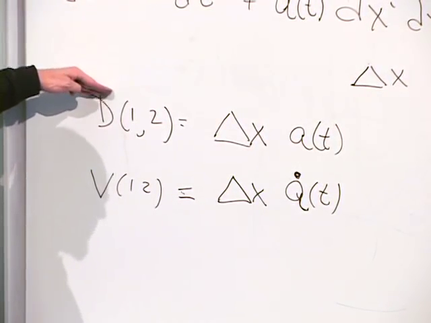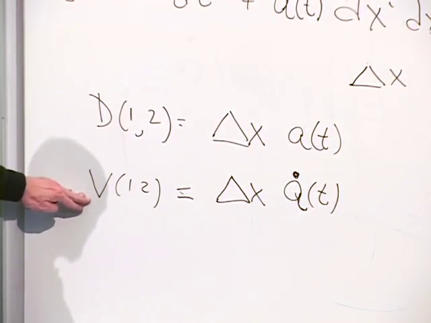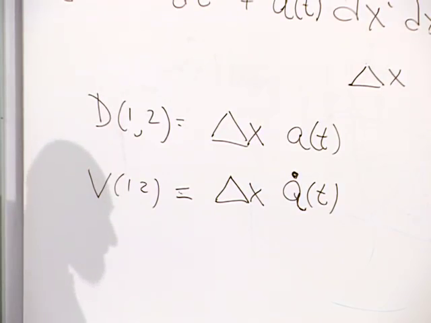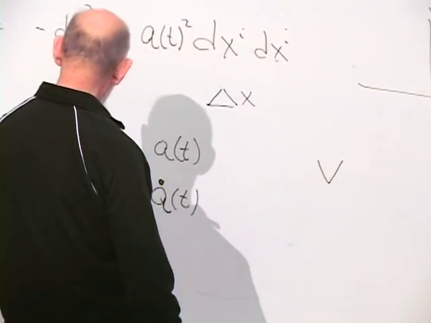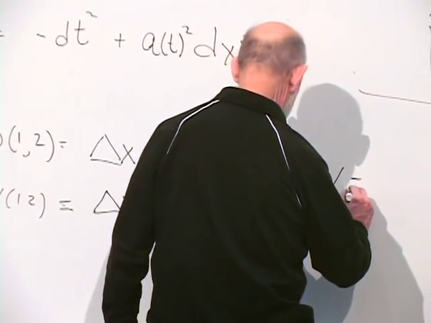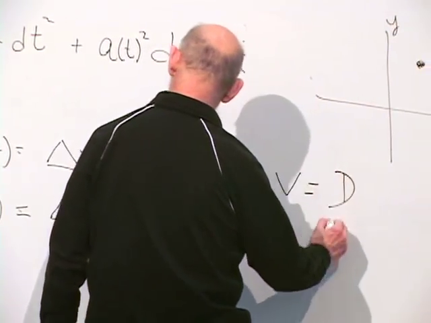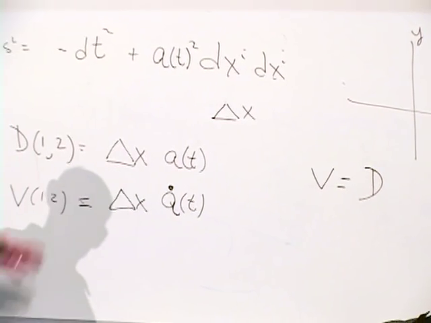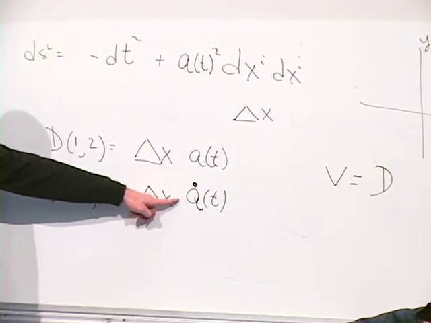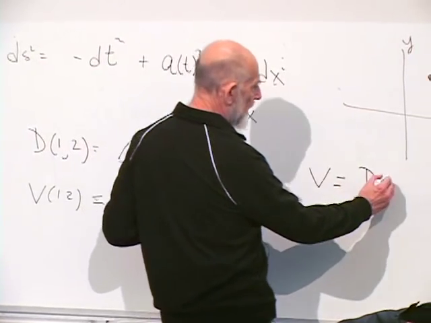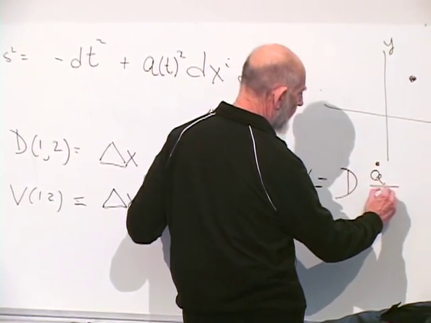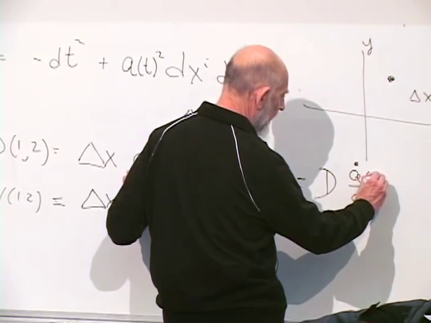Now let's consider the relationship between the distance between the points and the velocity between them. The velocity between the 2 points is given by the distance between the 2 points, but not quite. The velocity has a dot, the distance has a, and so there must be an a dot over a of t.